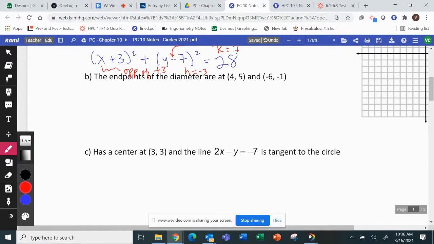The endpoints of the diameter are at (4, 5) and (-6, -1). We have to write the equation of the circle. What pieces of information do I need in the equation of the circle? Yes, Marie. The center and the radius.